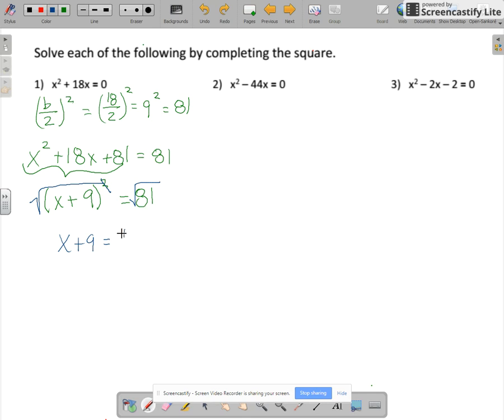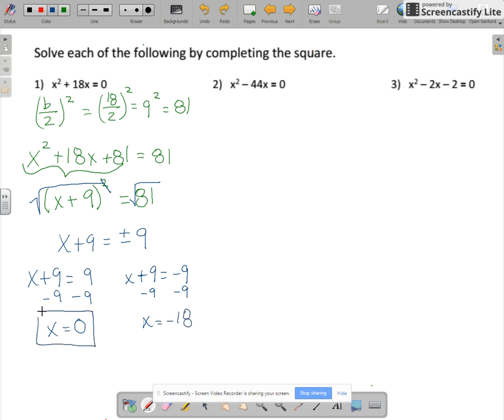The square root of 81 is plus or minus 9. Just like with solving by square roots, we set it equal to the positive and the negative and solve each one for x. Here we subtract 9 and get x is equal to 0. Here we subtract 9 and get x is equal to negative 18. So our two solutions for this quadratic are x equals 0 and x equals negative 18.